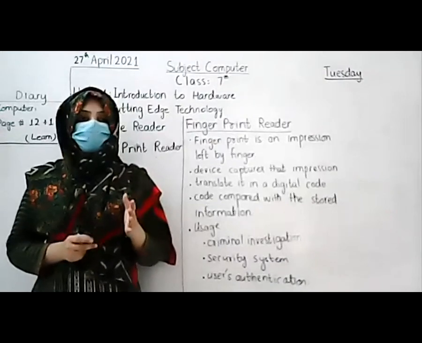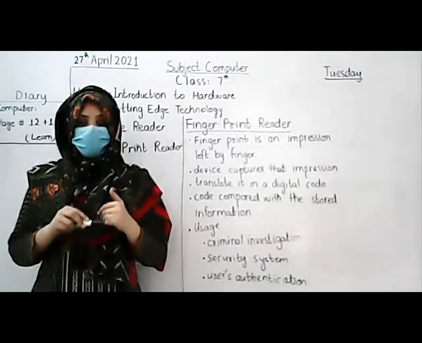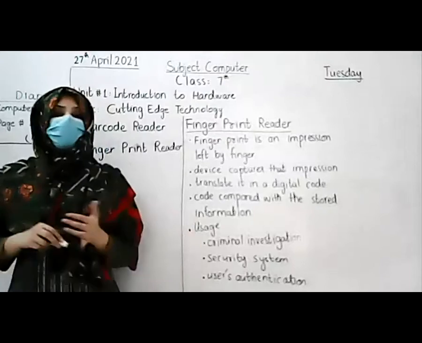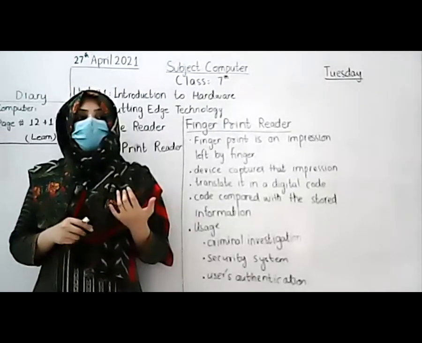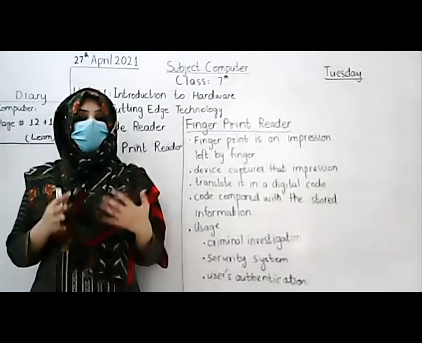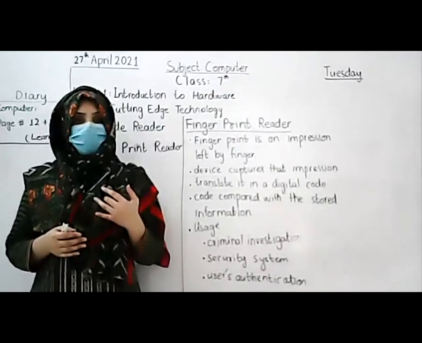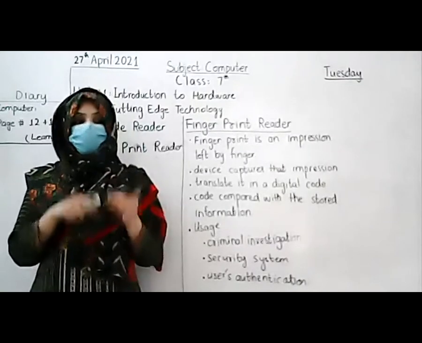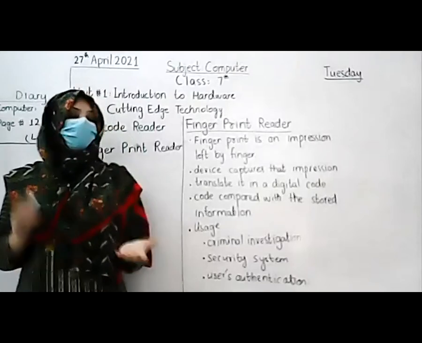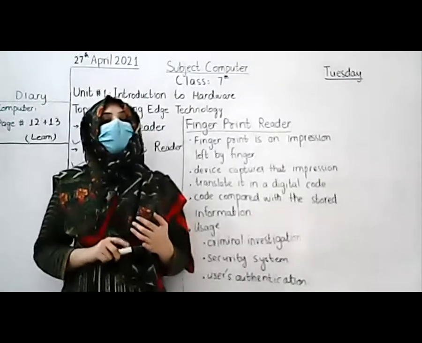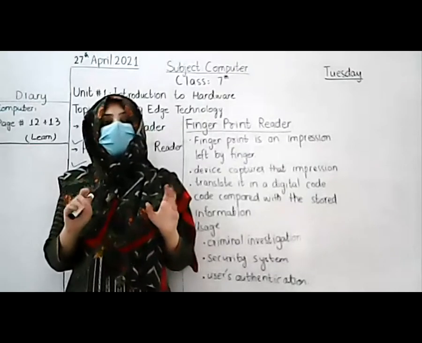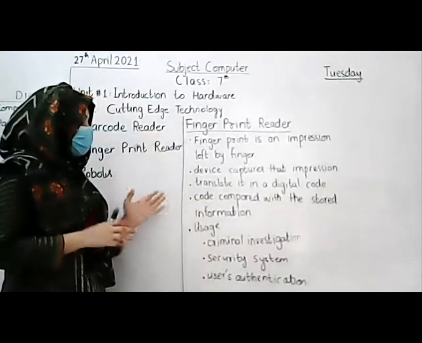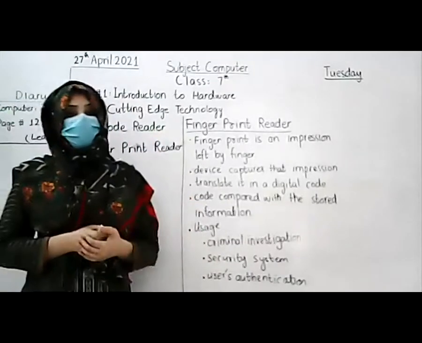They use the fingerprint scanner or fingerprint reader to investigate any criminal, because when you are involved in a criminal activity, you do it with your hands, and your hands leave the impression on those things. The person investigating the case can catch you by scanning your fingerprint impressions. In this way, the fingerprint reader is used for criminal investigation.